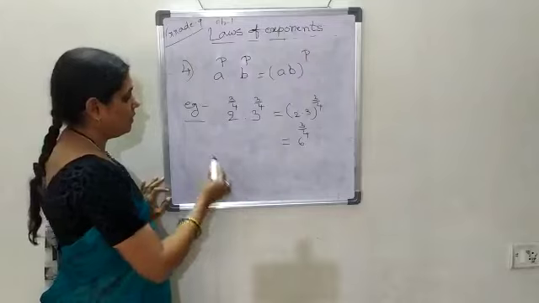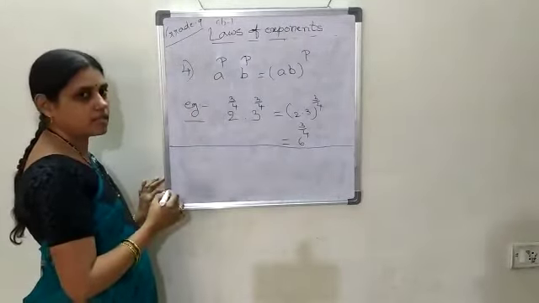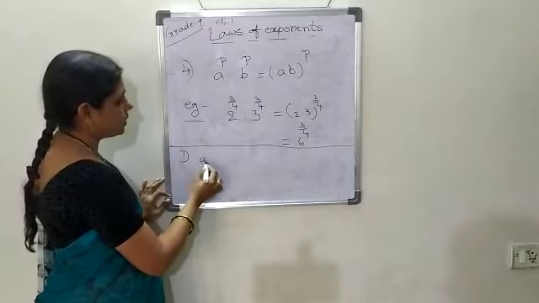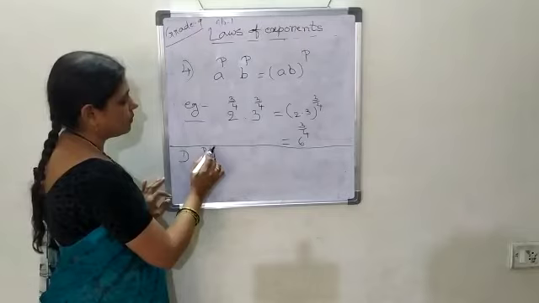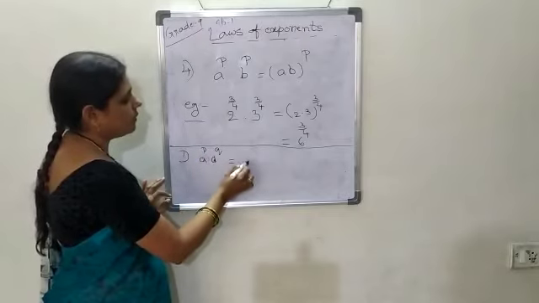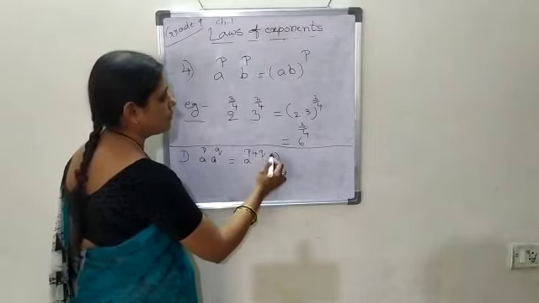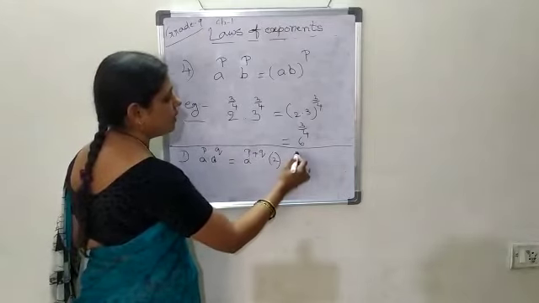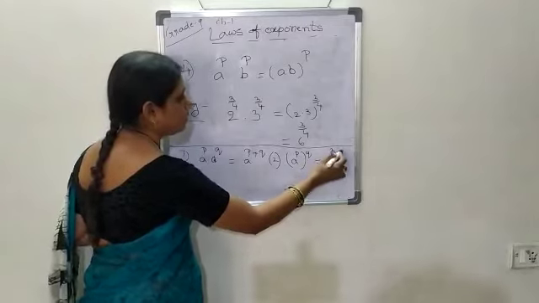So once again we revise all the 4 laws of exponents, whatever we discussed so far. First one is a power p into a power q equal to a power p plus q. Next one, a power p whole power q equal to a power pq.